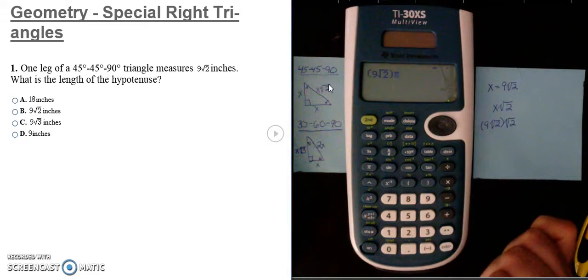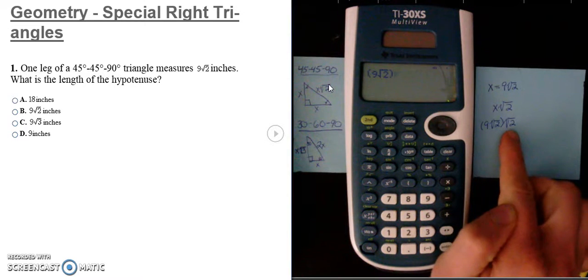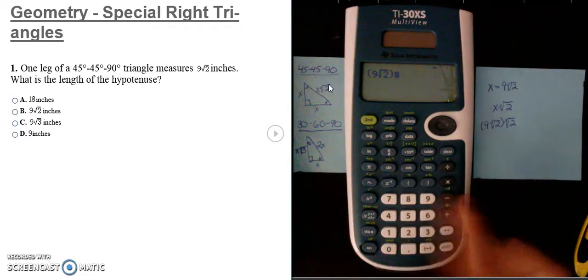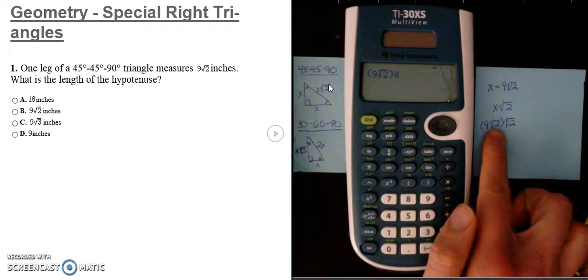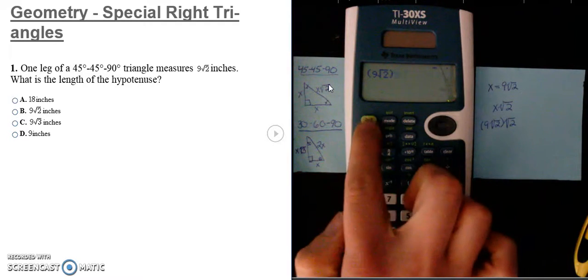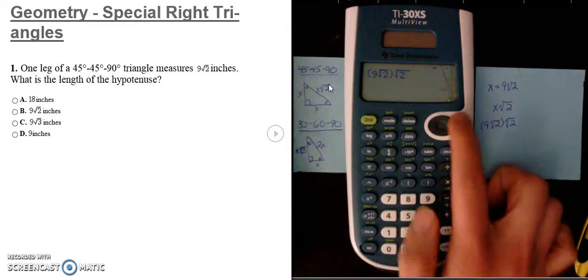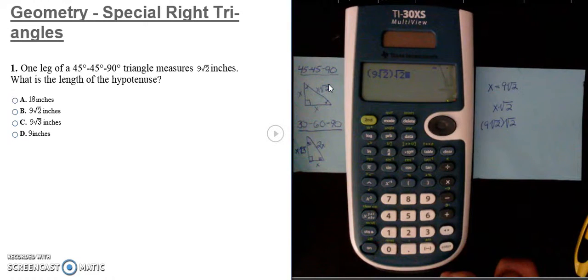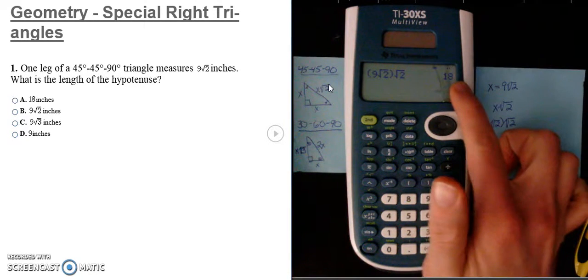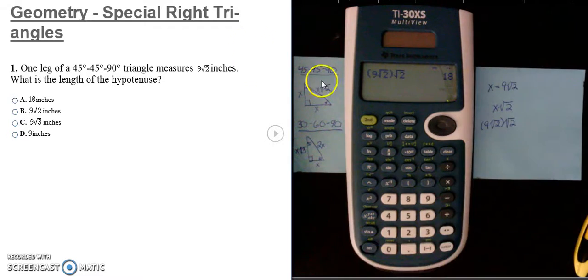And parenthesis, and then that is times, and I can use times, or I can just use the parentheses multiplication, the calculator knows. And I can do second square root 2 again, right arrow out, so it's blinking at the end. Press enter. And my hypotenuse is going to be 18 inches, making A my final answer.